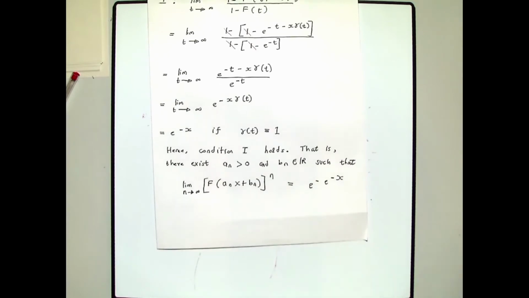That's because condition 1 is satisfied, the limit must be Gumbel, right? So this is question 7. The next question is question 8.